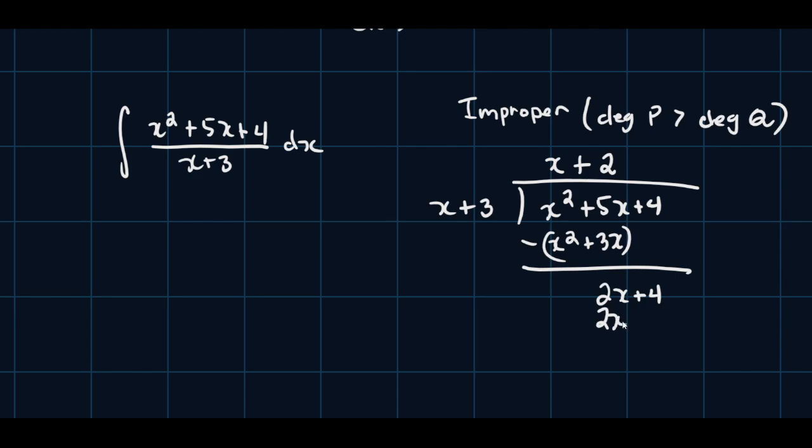So 2x + 6. Again, subtract this. We have negative 2. So we can no longer get the quotient or divide this further. This means this integrand is actually equivalent to the quotient x + 2 minus 2 all over (x + 3).